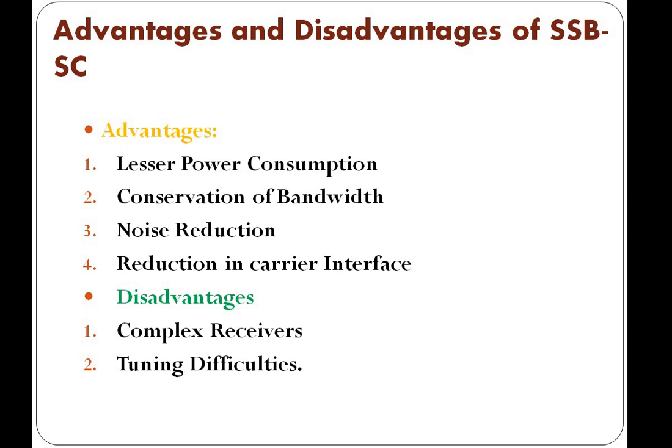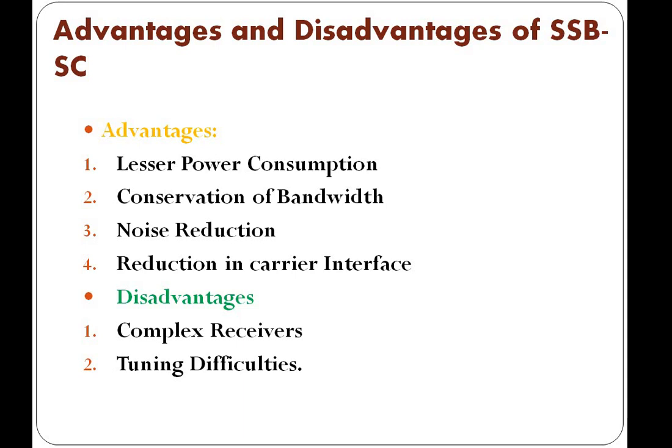Now the bandwidth is reduced to omega, which is half of your DSB-FC signal or amplitude modulated wave. Because you are eliminating one of the sidebands, the bandwidth is reduced by half. So that's the reason we say we have conservation of bandwidth.